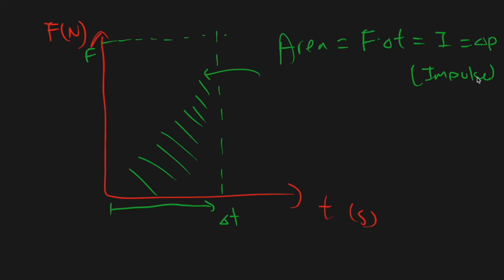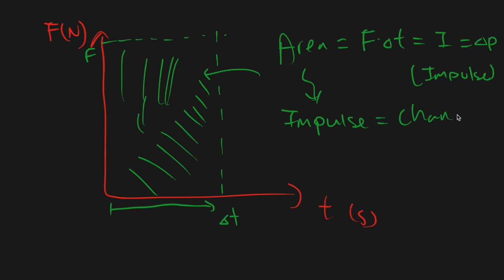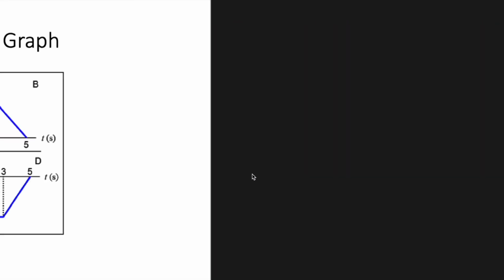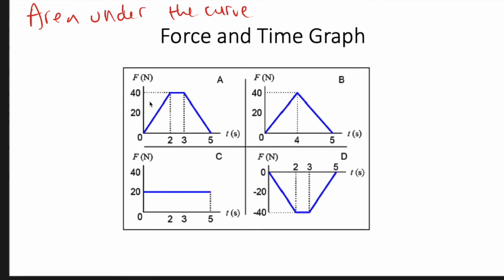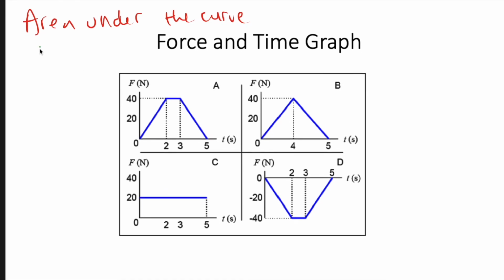So from this picture, you can have an intuitive understanding that the area represents impulse, which also represents change in momentum. And this is what a force and time graph represents: impulse and change in momentum.